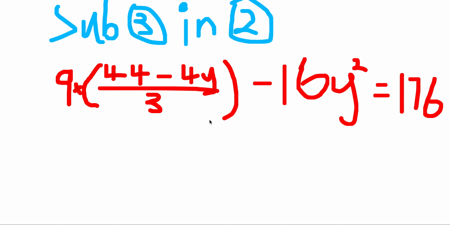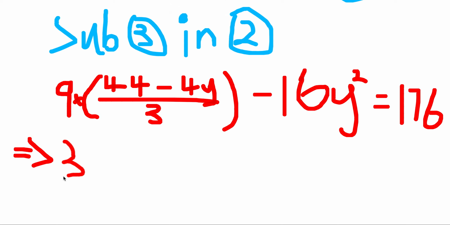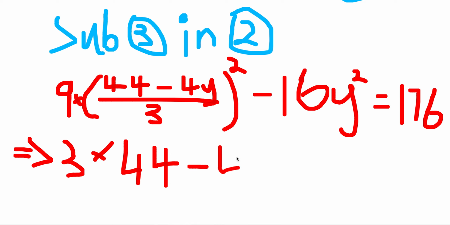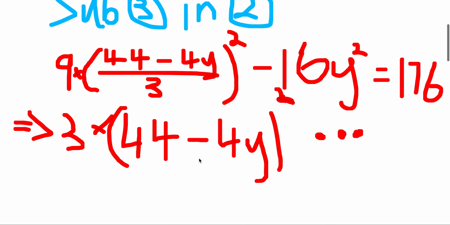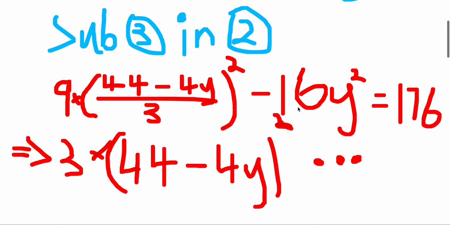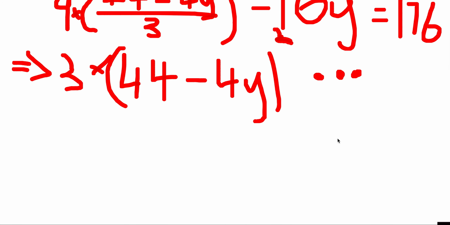So I'm not going to solve it. So this is 3 multiplied by (44 minus 4y) in brackets squared, and this is going to get you a huge equation.